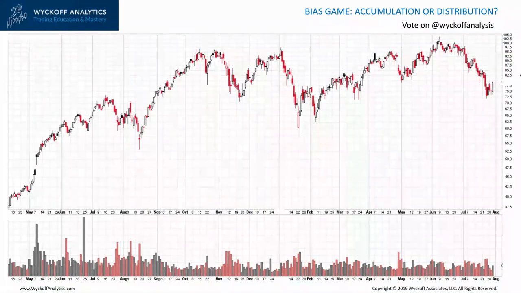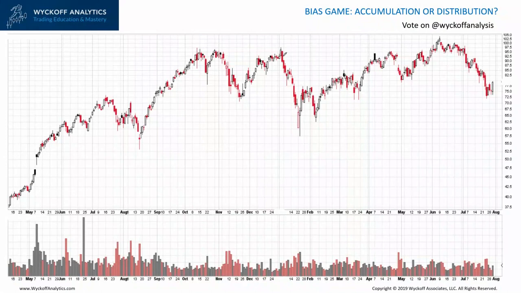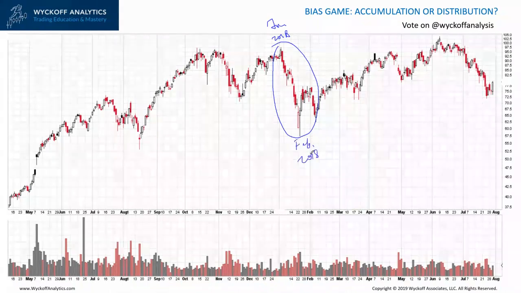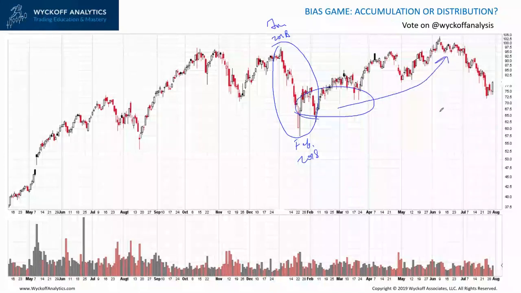When you look at the analogs with the markets, this change of behavior has happened at the top of the January 2018 rally, the conclusion, and then February 2018 low. Then we had reaccumulation here, absorption, and then there was a very weak rally into the uptrend situation. So this is a really good observation, yes.